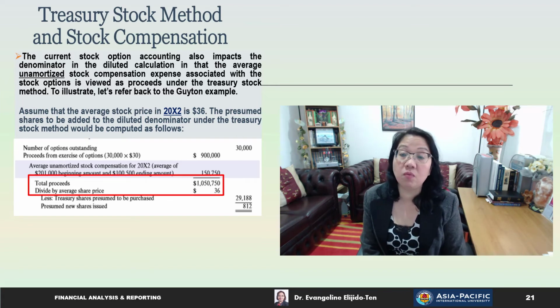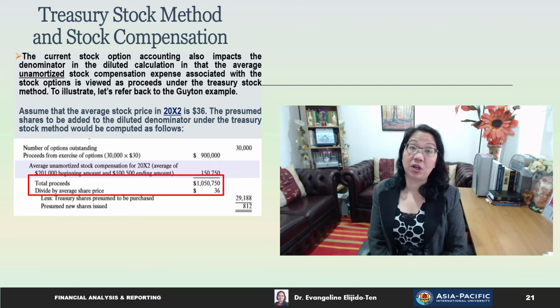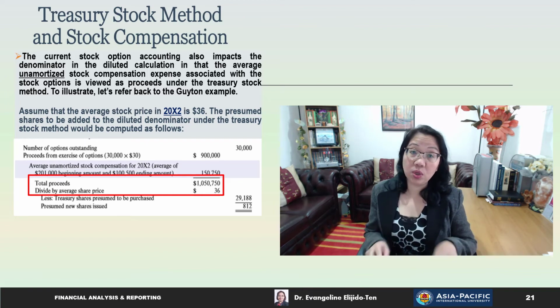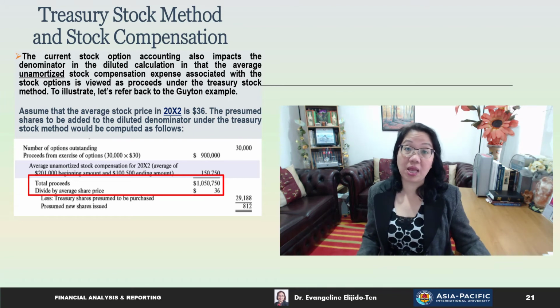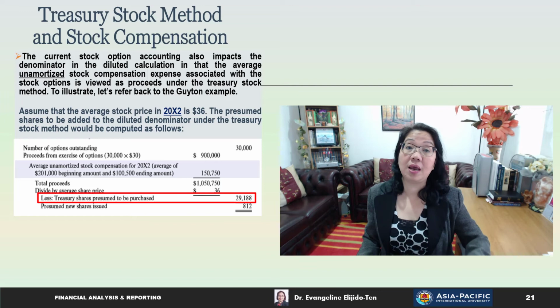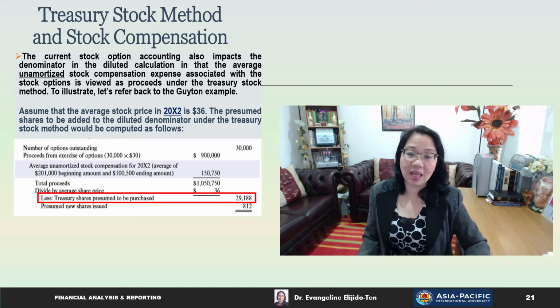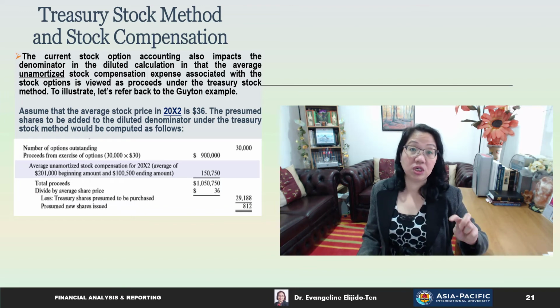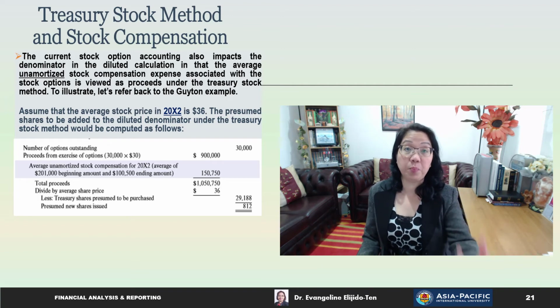So we'll add this back to the proceeds from the exercise of options, 900,000, and this will give us total proceeds of 1,050,750. Then we will divide this by the average share price of $36, and this will give us 29,188. This is the Treasury shares presumed to be purchased.